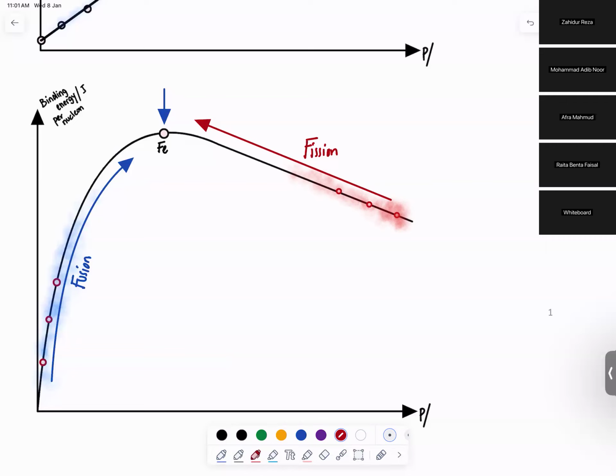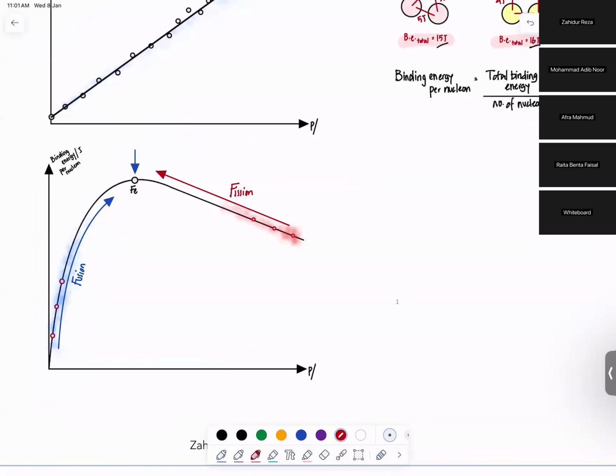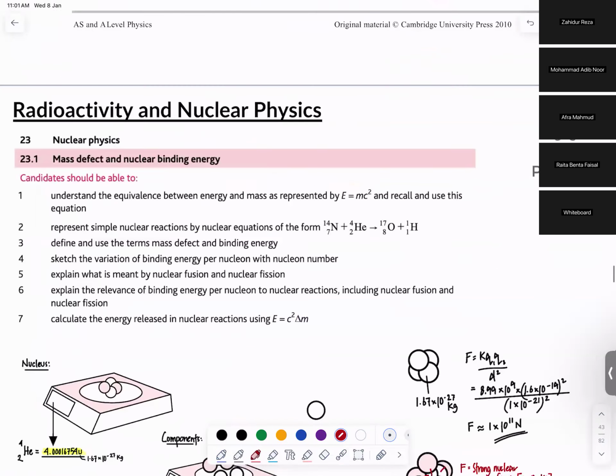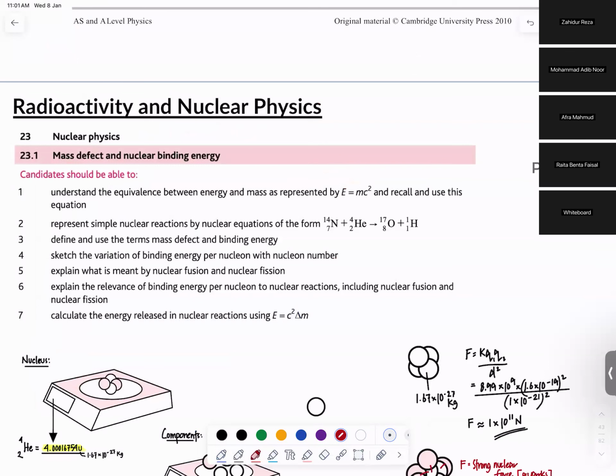If you look at the syllabus here, number one is E equals mc square, which we understood later is not that important. Three is use the term mass defect and binding energy, which I've shown today. Sketch the variation of binding energy per nucleon with nucleon number. That's what we just did. Explain what is meant by the term nuclear fusion and nuclear fission. I explained that to you briefly. Explain the relevance of binding energy per nucleon to nuclear reactions, including nuclear fission and fusion.